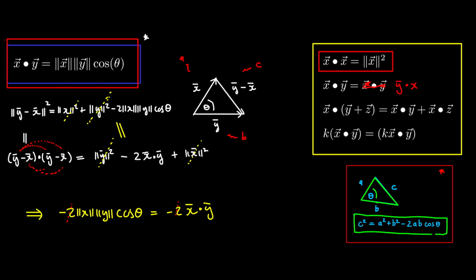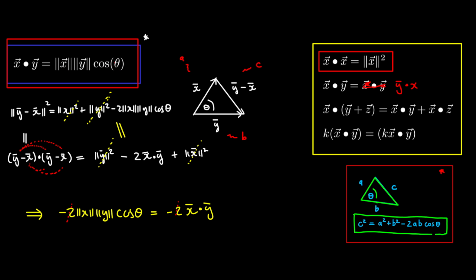Okay, so that gives you an explanation for why this formula is true. And it also gives us a very good way to define what it means for two vectors to be perpendicular to each other. Because if theta was equal to 90 degrees, if this was a 90-degree angle here between x and y, then cos theta would be 0, and so the dot product would be 0.